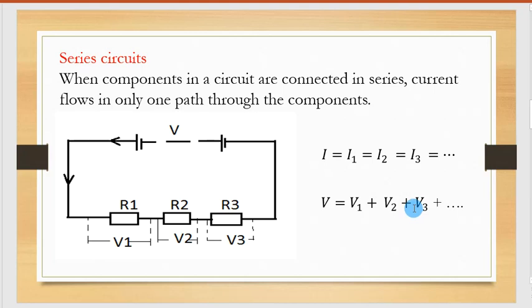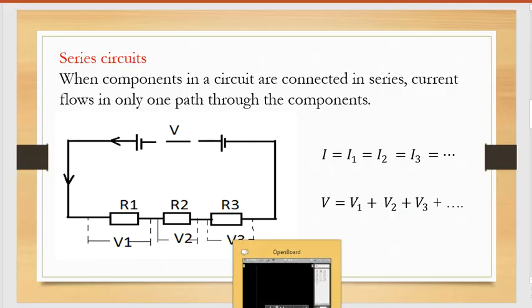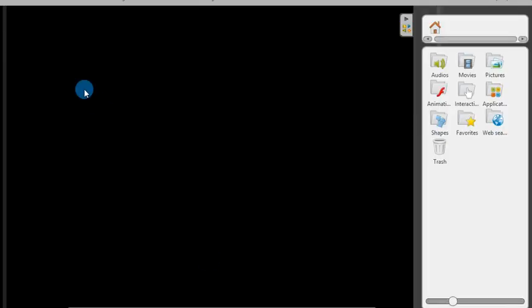From here we can come up with a relationship. We know that voltage is given by IR.